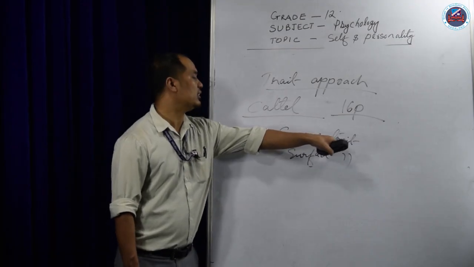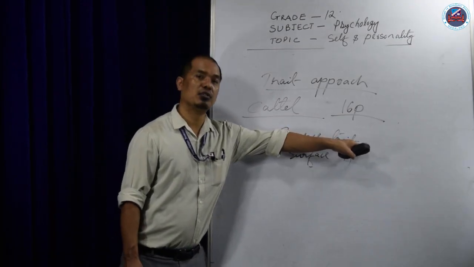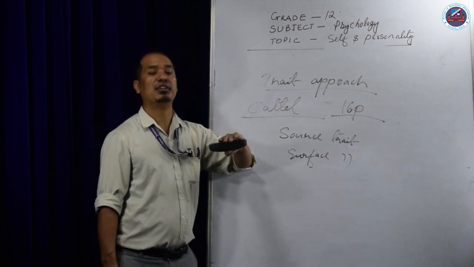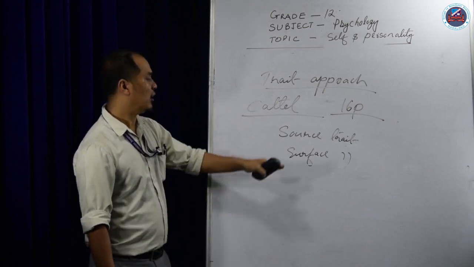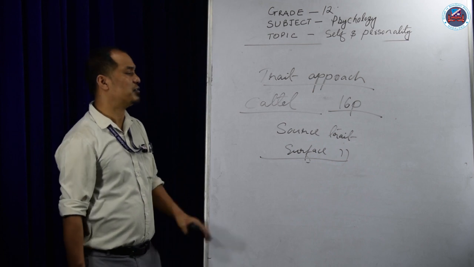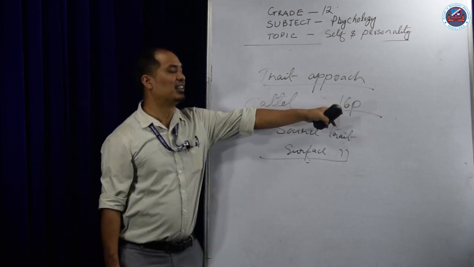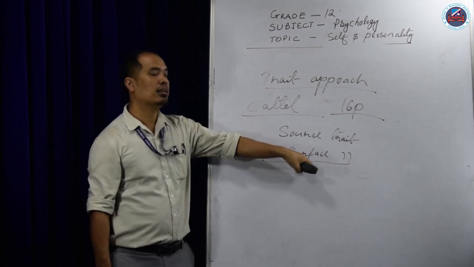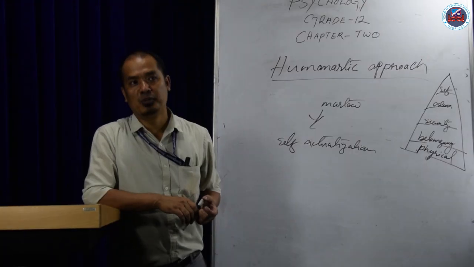Personality that falls under the source traits is stable, and they have opposite tendencies. Now coming to the surface trait. Surface trait means when these 16 types of personality traits interact with each other, the result is called surface trait.